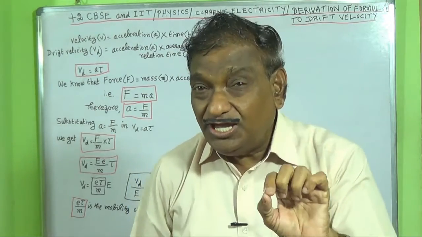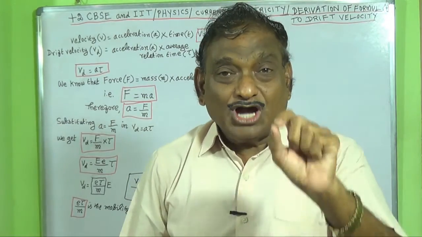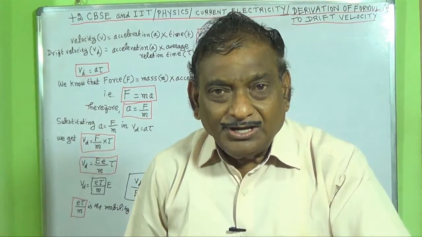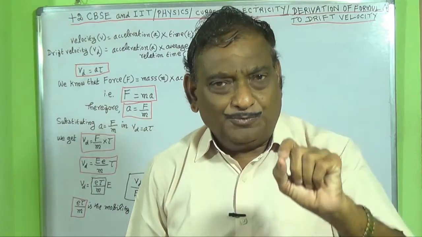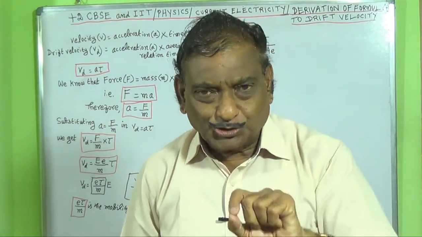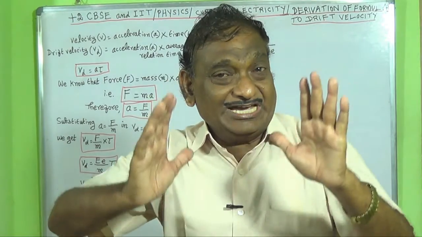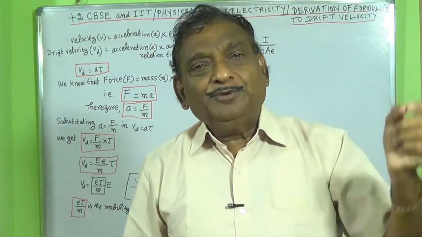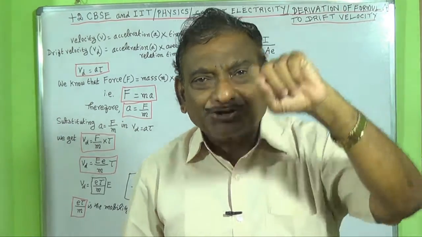What is small e? e is the charge of an electron. The value of the charge of an electron is 1.602 into 10 to the power of minus 19 coulomb. What is small m? m is the mass of an electron.